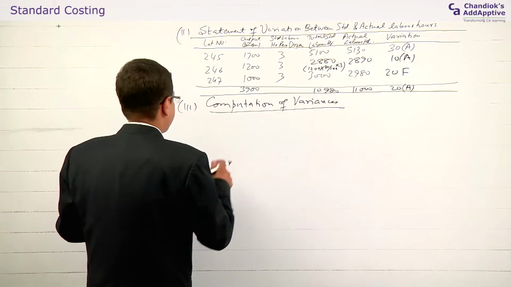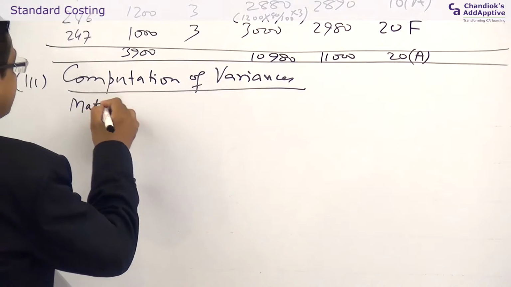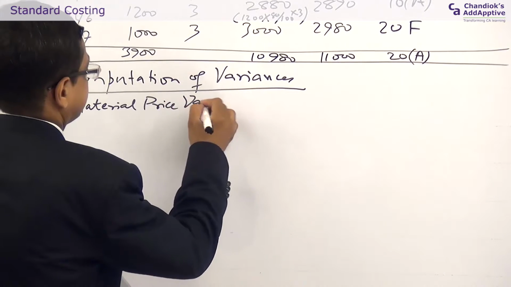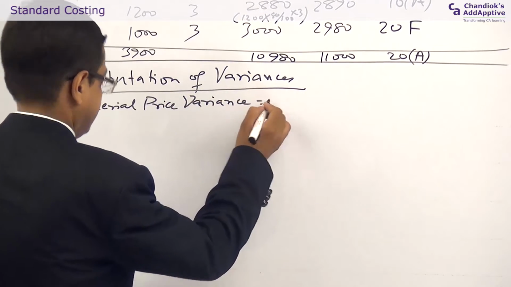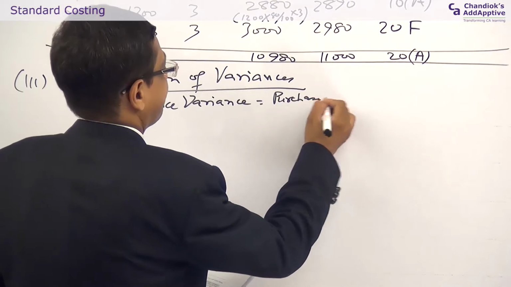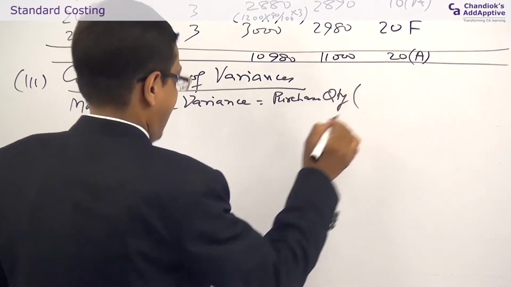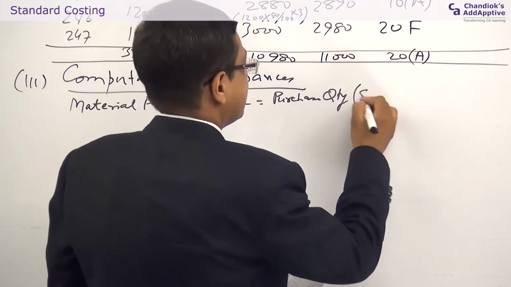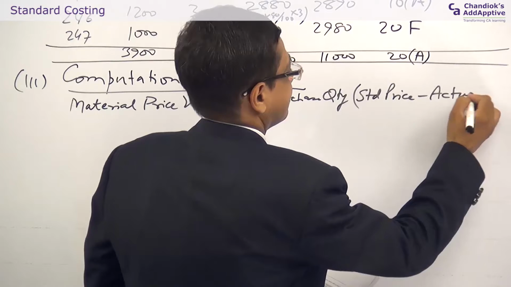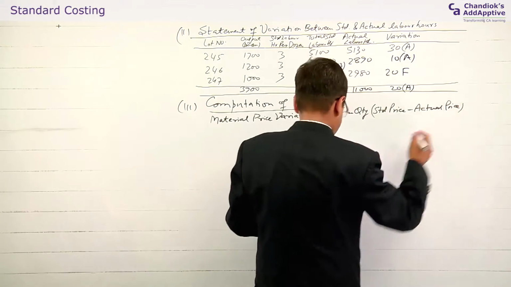So, we start computing material price variance. This is on the basis of purchase quantity as provided in the question, standard price minus actual price.